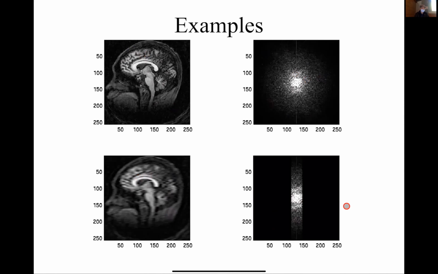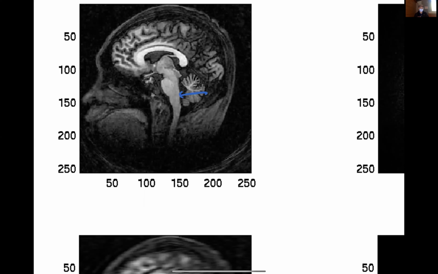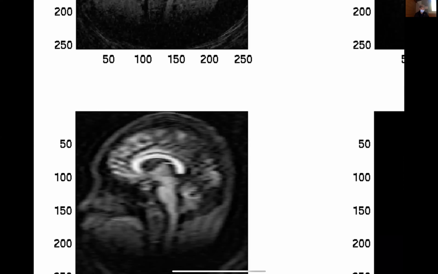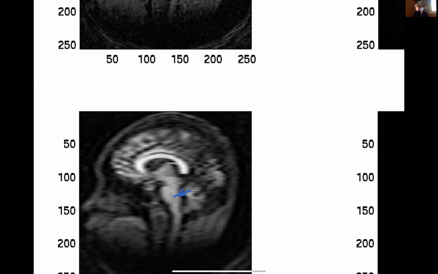For example, this edge is pretty sharp in this image, because that's a variation going left to right. If you look at that same edge here, you can see it's blurred out a little bit because I've lost that plane wave that would represent that edge.